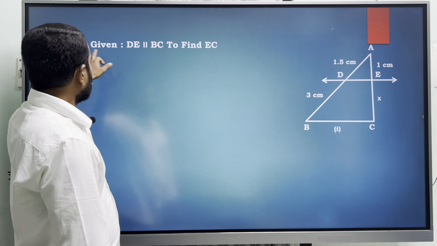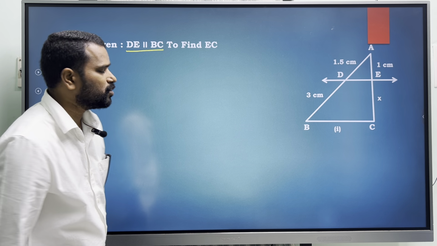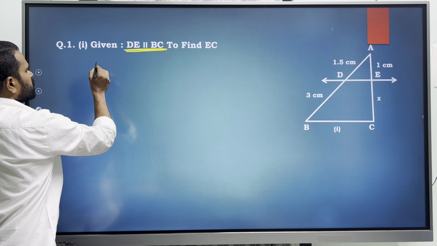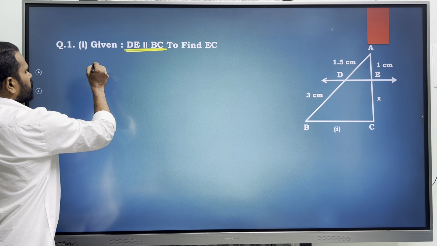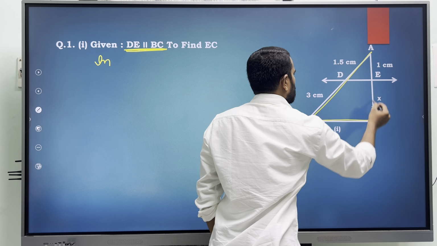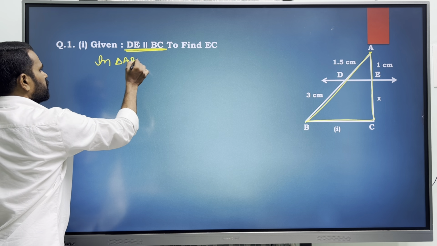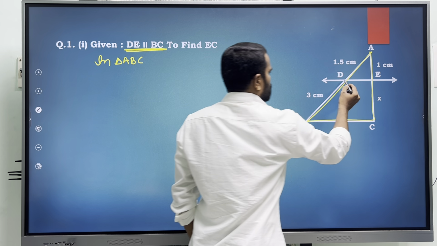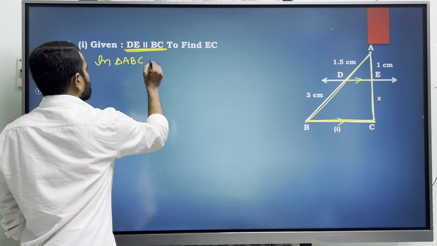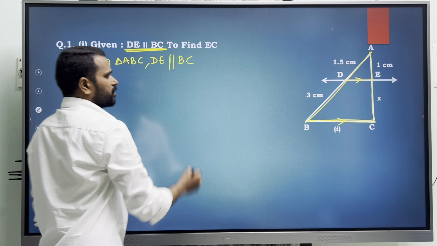See here, what is given? DE parallel to BC. So, if DE is parallel to BC, what does it mean? In triangle ABC, this line DE parallel to BC.